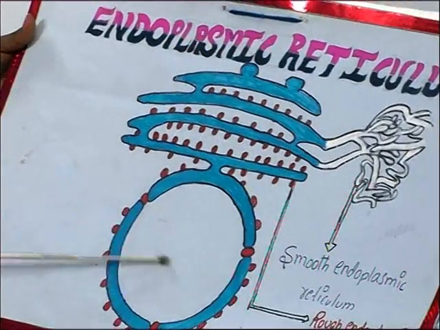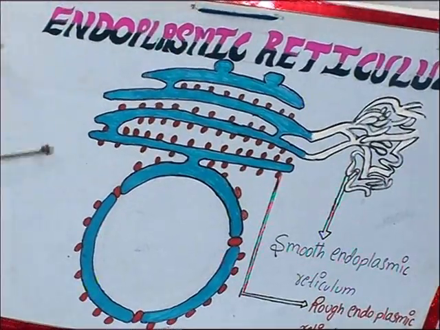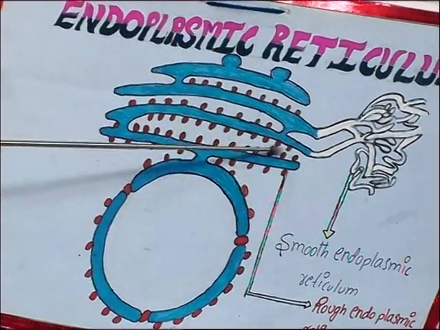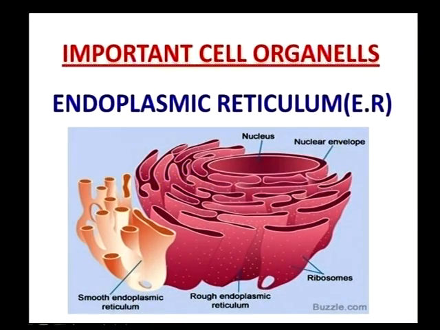This is endoplasmic reticulum. These are granules which are called as ribosomes. These are granules which are also called as ribosomes, and the area where ribosomes are present is called rough endoplasmic reticulum, RER.